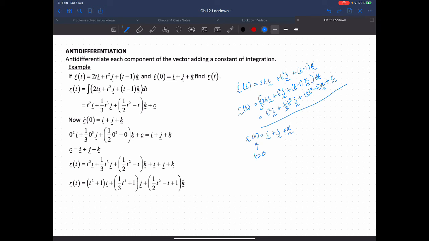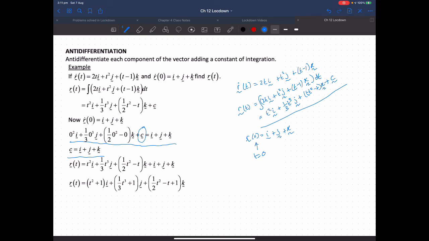Looking to the left hand side, I have done that. I've just underlined that. All the terms disappear except for vector c on the left hand side of the equation, leaving me with the right hand side of the equation. I have now found my constant.